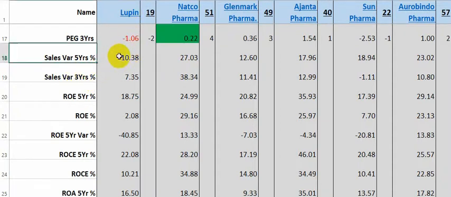Lupin's sales has been increasing at the rate of 10% since 5 years past. That is, from 5 years back, how the sales has been growing. So it signifies that it is growing at the rate of 10% every year. And in the last 3 years, the growth rate has fallen to 7.35%.